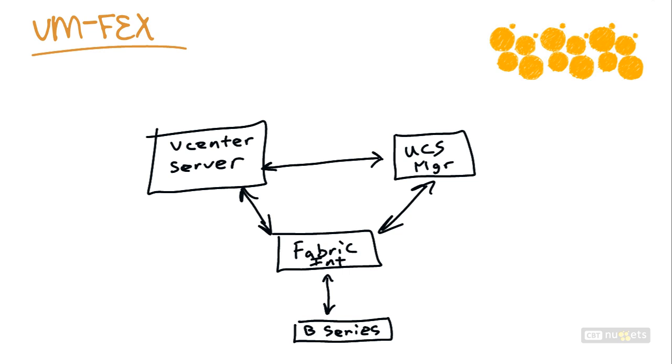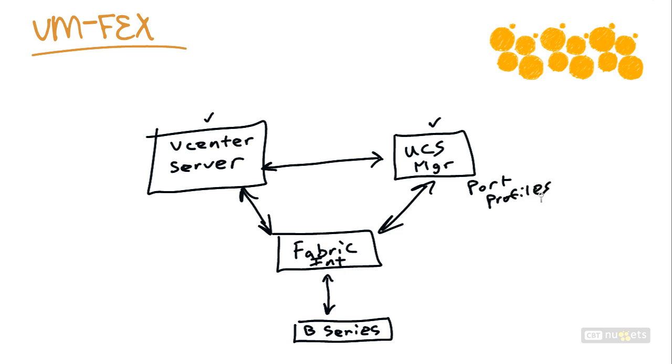Here's the ingredients, by the way. On the Cisco UCS manager, we would of course create a connection over to the vCenter server. We then, on the UCS manager, create our distributed virtual switch. We might even be creating multiple ones of those. And then on the UCS manager, we create those port profiles.